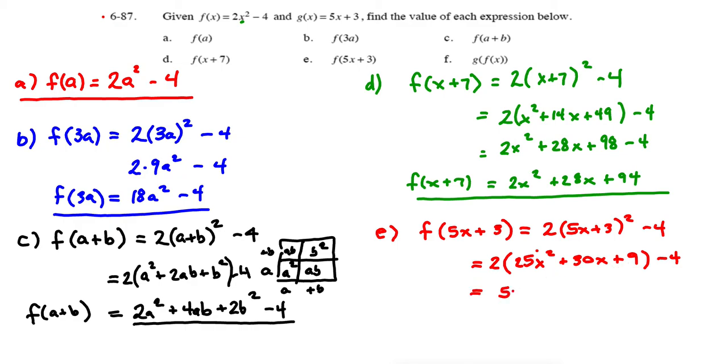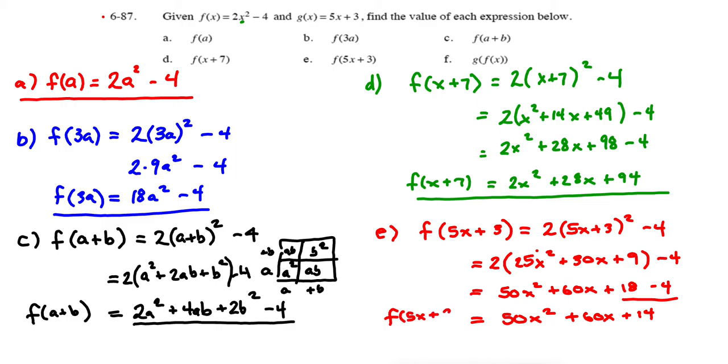We've got 50x squared plus 60x plus 18 minus 4, which in the end gives us 50x squared plus 60x. When we combine that 18 and minus 4, we get plus 14. That is our function of 5x plus 3.